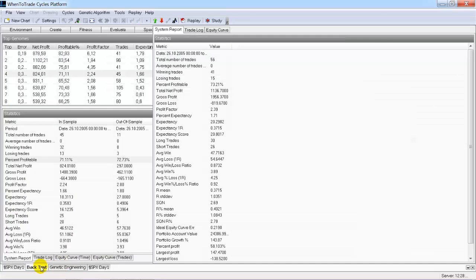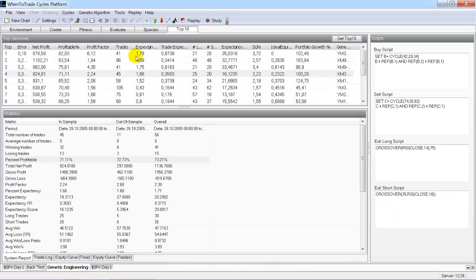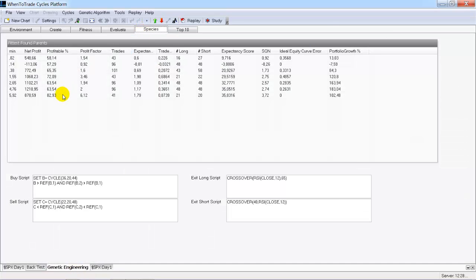So this is just one example to show that the genetic algorithm is able to detect very robust and solid trading strategies in about 5 minutes out of a total search space of over 7 billion possible system counts here. So this is just one example on the daily chart, which you can review here.